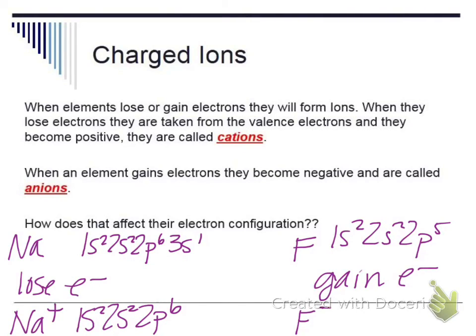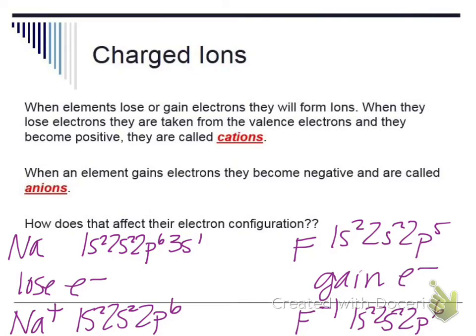You can just do minus, or you can do -1. Either way. So now we add an electron, so it is 1s2, 2s2, 2p6. So it now also has the same electron configuration as neon because it gained an electron, which is what they're trying to do.